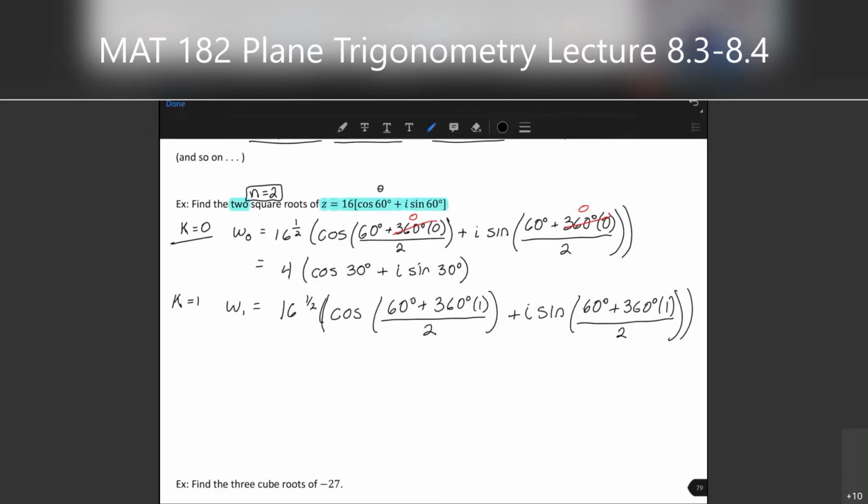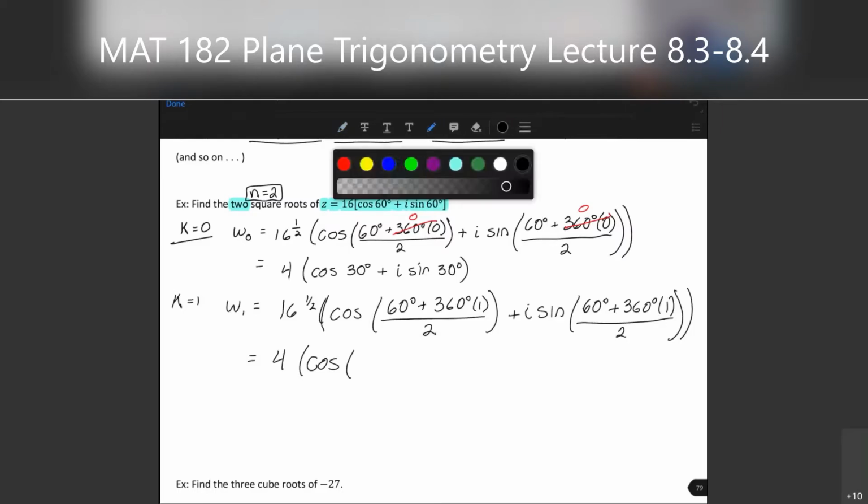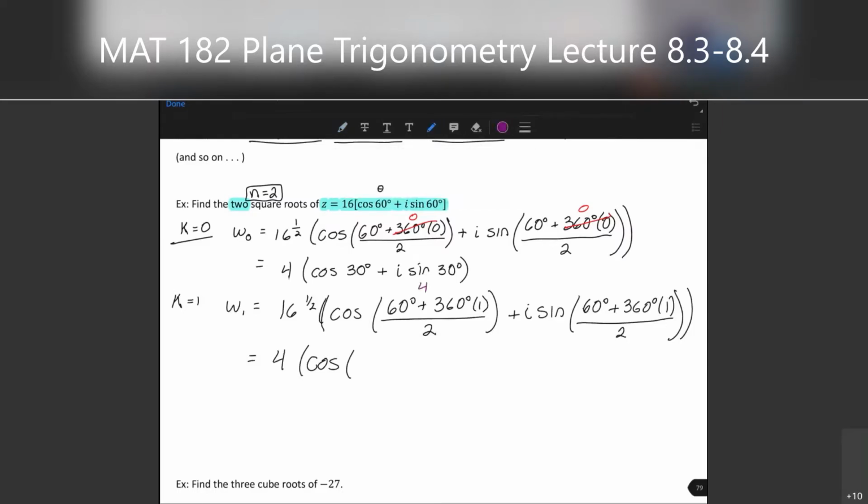So let's walk through this one. We'll simplify this. This will be, again, modulus of 4. And then we will have the cosine. If I do 360 plus 60, that ends up being 420 in the numerator. And then we want to divide by 2.